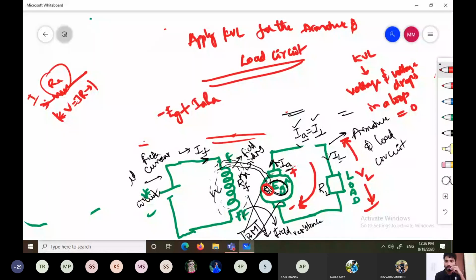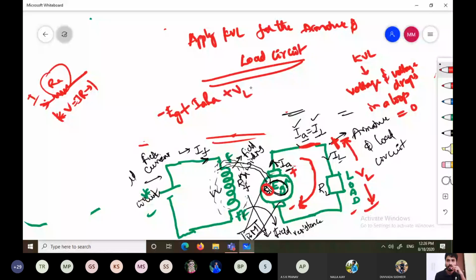Is any voltage present in this loop? Yes, there will be a voltage across the load terminals, VL. Is it plus VL or minus VL? As we are going in this direction, we touch the positive terminal of VL, so we get VL.